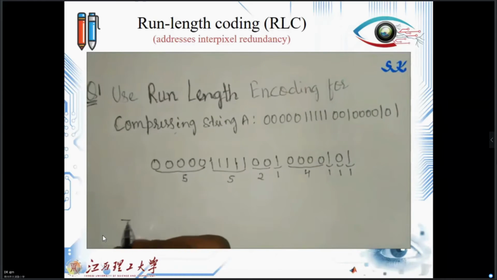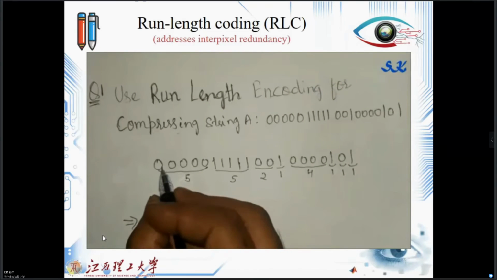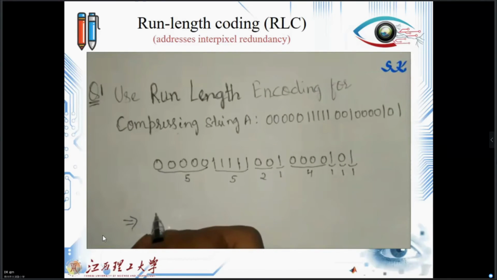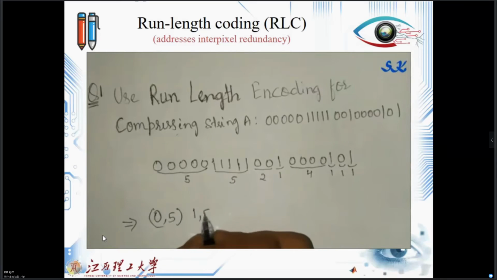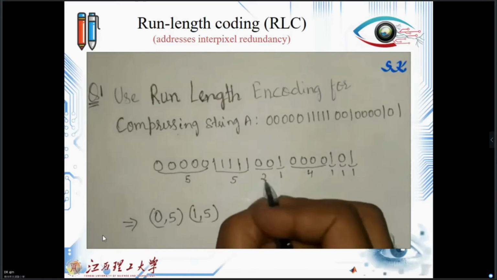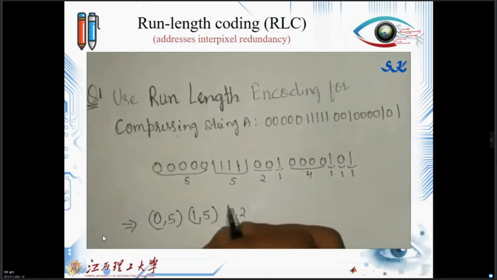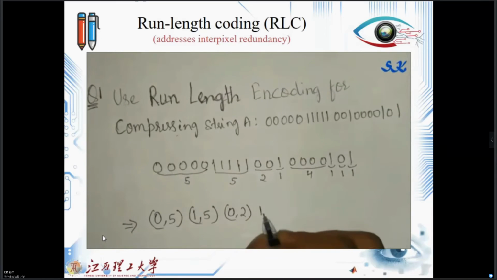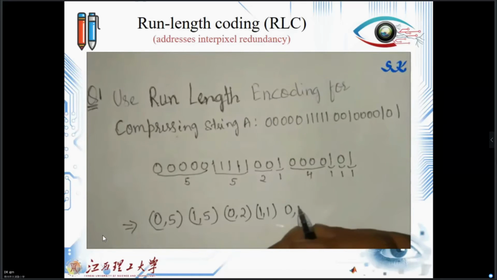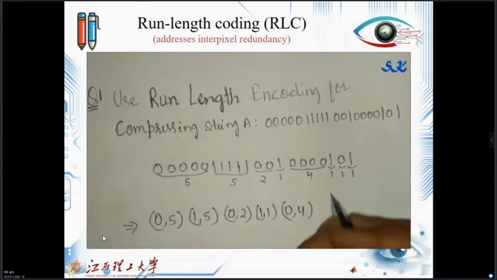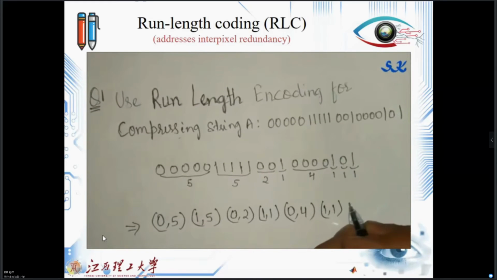In the second step, what I should do is note that 0 appears 5 times, 1 how many times? 5 times, 0 2 times, again 1 one time, 0 4 times, 1 one time, 0 one time, and again 1 one time.